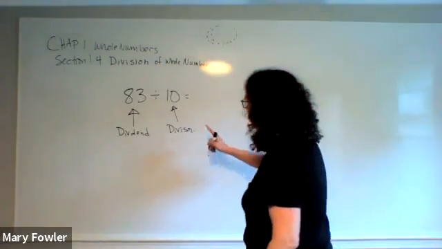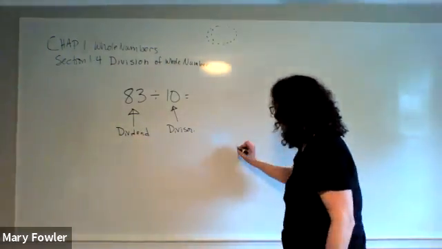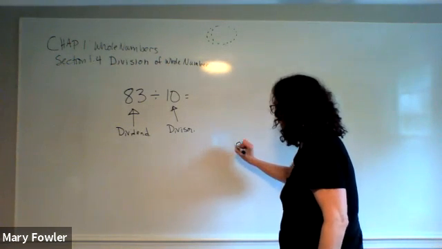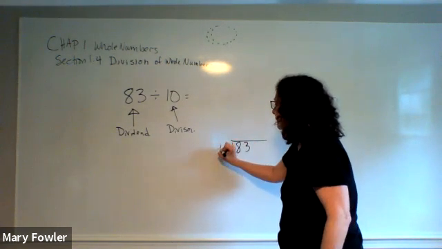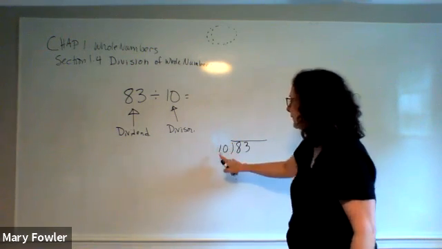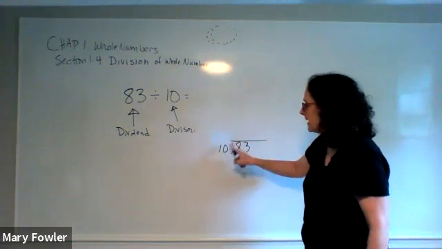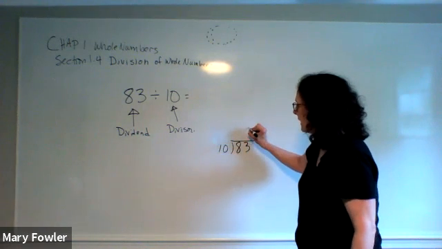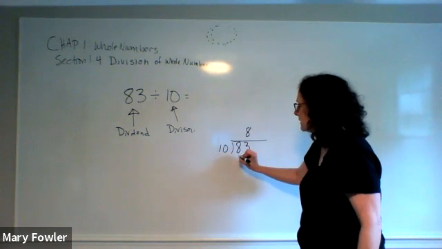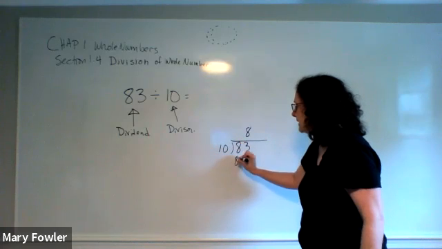And what we know is, and I'm going to just do this here. Sometimes I do things before I introduce everything, but then I'll circle it back around. 10 goes into 83. 10 goes into 8, it does not. 10 goes into 83 8 times. 8 times 10 is 80.